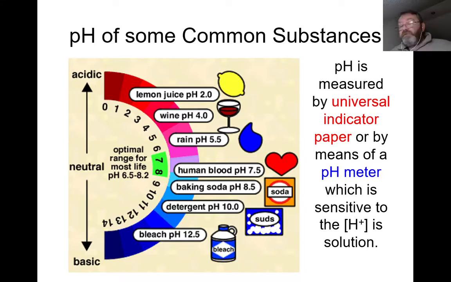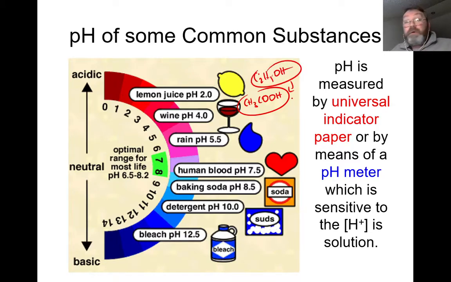Okay. Then we move to wine. Now, wine has a pH of 4, but wine is an alcohol. Wine is CH3COOH. It's ethanoic acid. When the alcohol is turned into that acid, so you've got your C2H5OH, that happens to be your alcohol, when you put it into oxygen, it turns into CH3COOH.